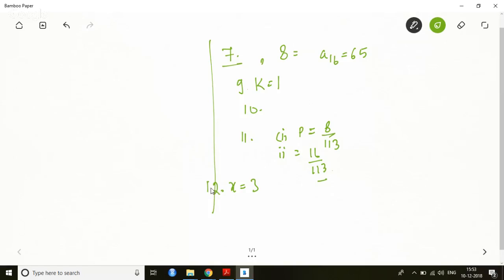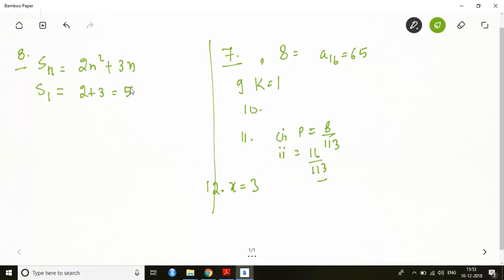Now let me solve question 8 and 9 for you guys. So question 8 tells that Sn is equal to 2n square plus 3n. So S1 is equal to 2 plus 3, 5.